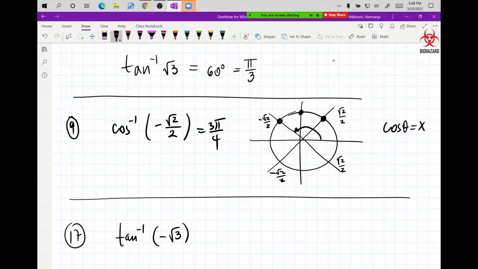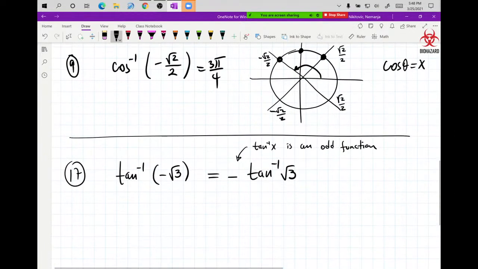One of the options is to realize that the inverse tangent is an odd function, which means that you can kick the minus sign outside. So minus tangent inverse of √3. The explanation is that tangent inverse x is an odd function.